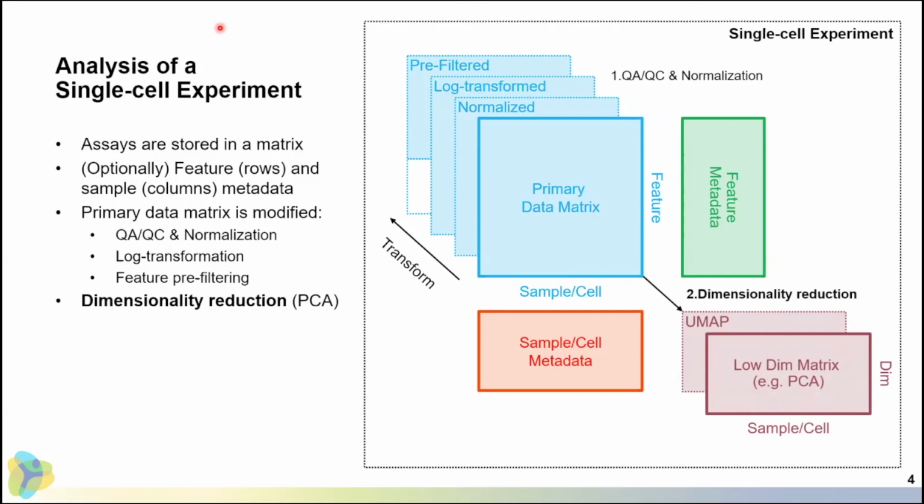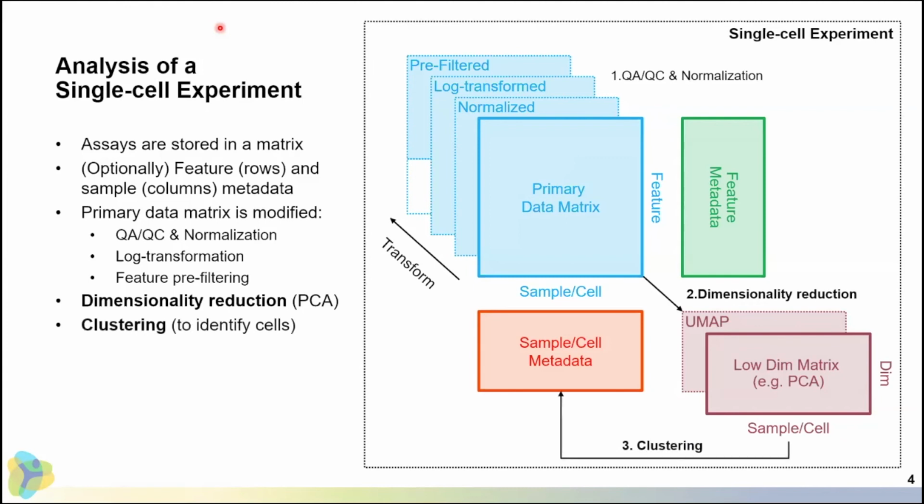And additionally, you might also have different methods of dimensionality reduction, which will come up. So some of you that may have been dealing with this type of data already would have heard of things like TSNE or UMAP. Once you've done the dimensionality reduction step, you can store those alongside your primary data matrix.